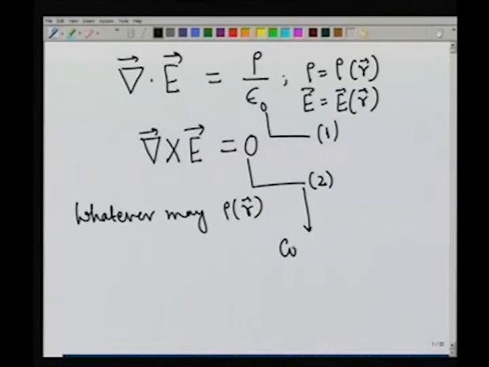In other words, while equation number 1 is a relation between the field and its source, equation number 2 is a constraint that is additionally required in order to fix the electric field completely. So, we say that this is in the nature of a constraint.